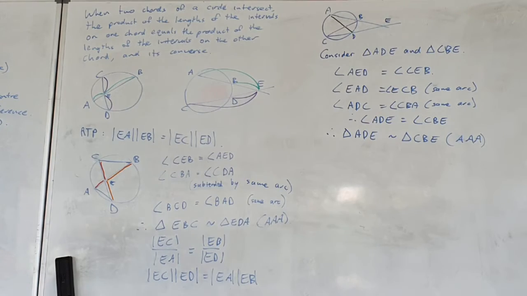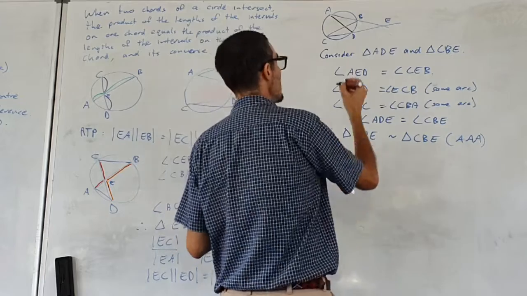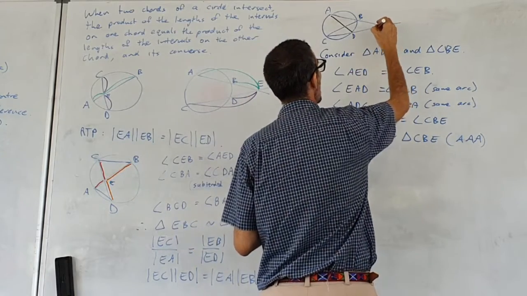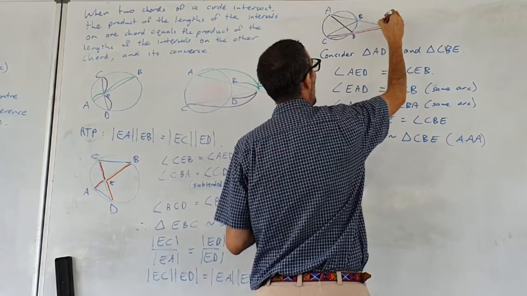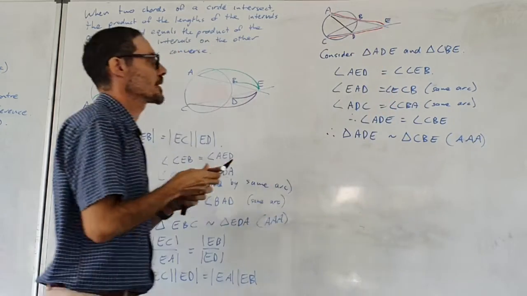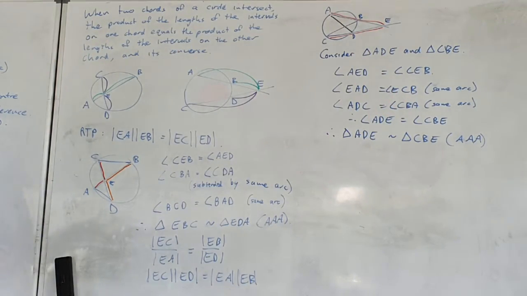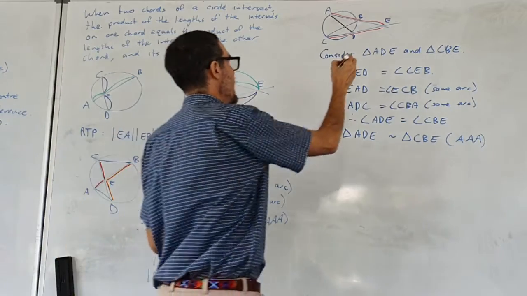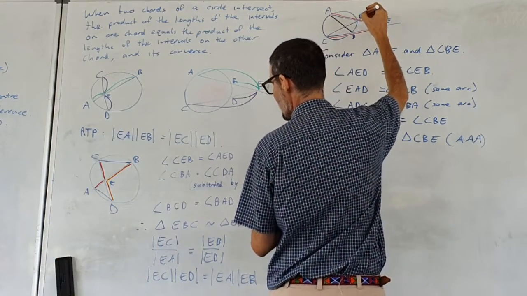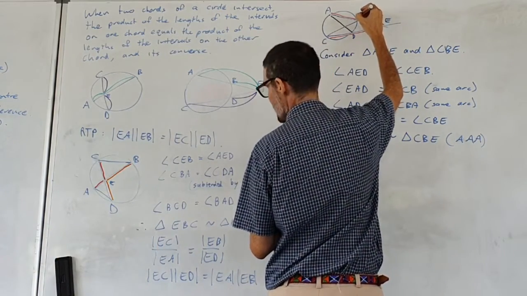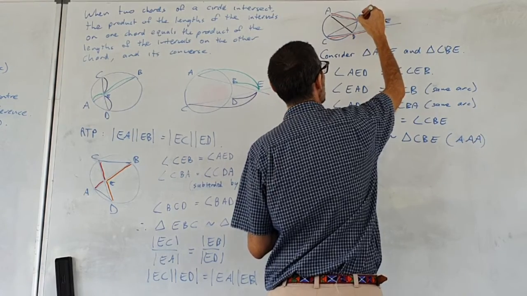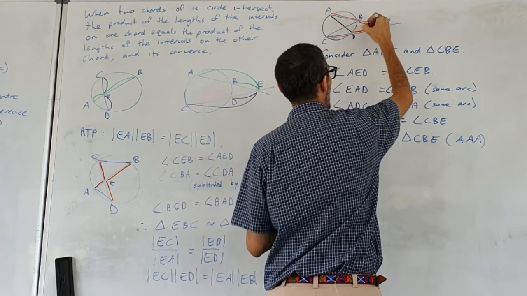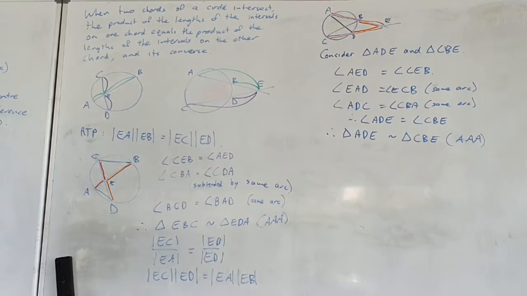Red and orange. Which means I want EA, EC, and EA. See how I'm getting the whole length out of this triangle? And the other ones are going to be BE, yes, and DE. They're in different spots, but they're the same labels. Because unlike the textbook, I labelled them with the same letters.